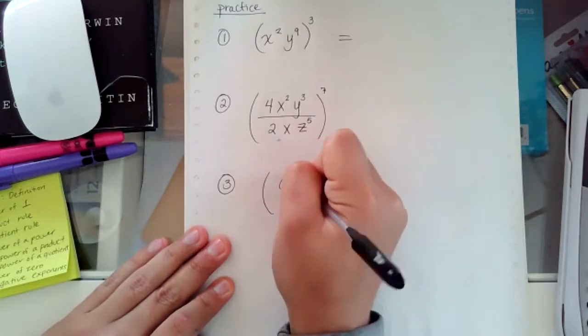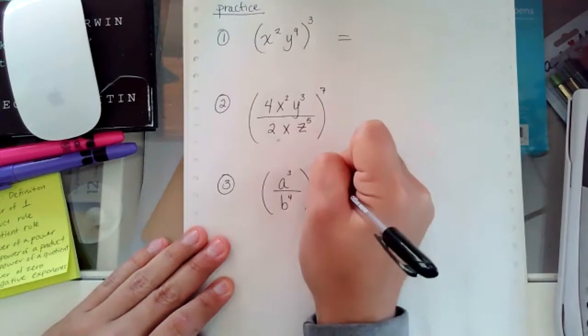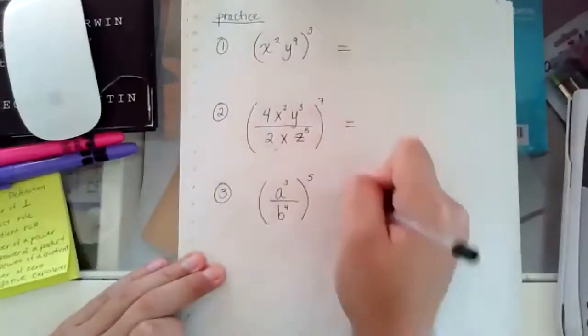And a to the third power over b to the fourth power, raised to the fifth power. So let's see if we can simplify these.